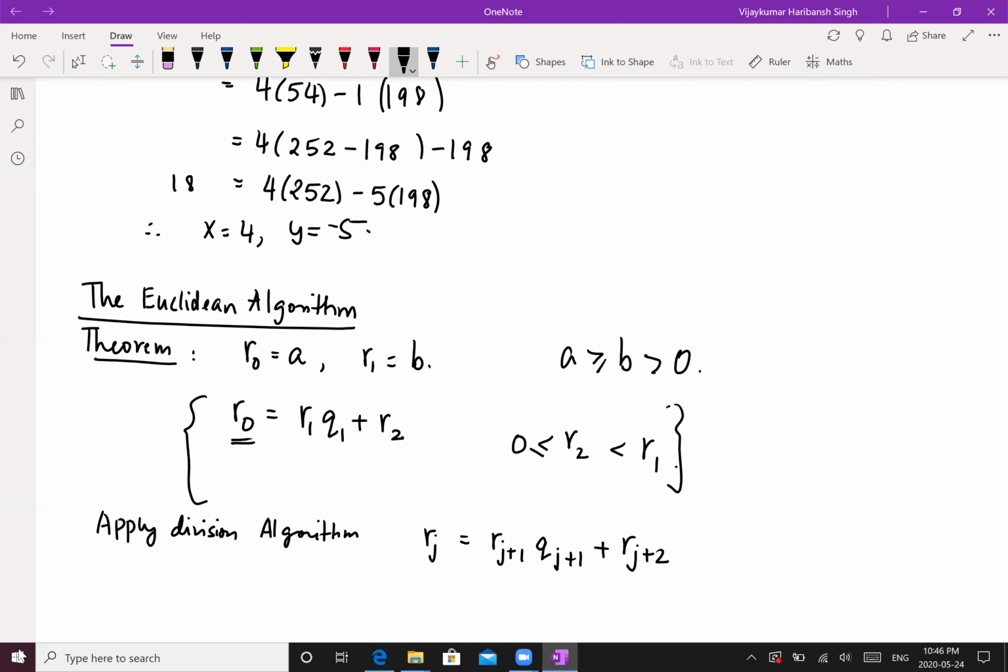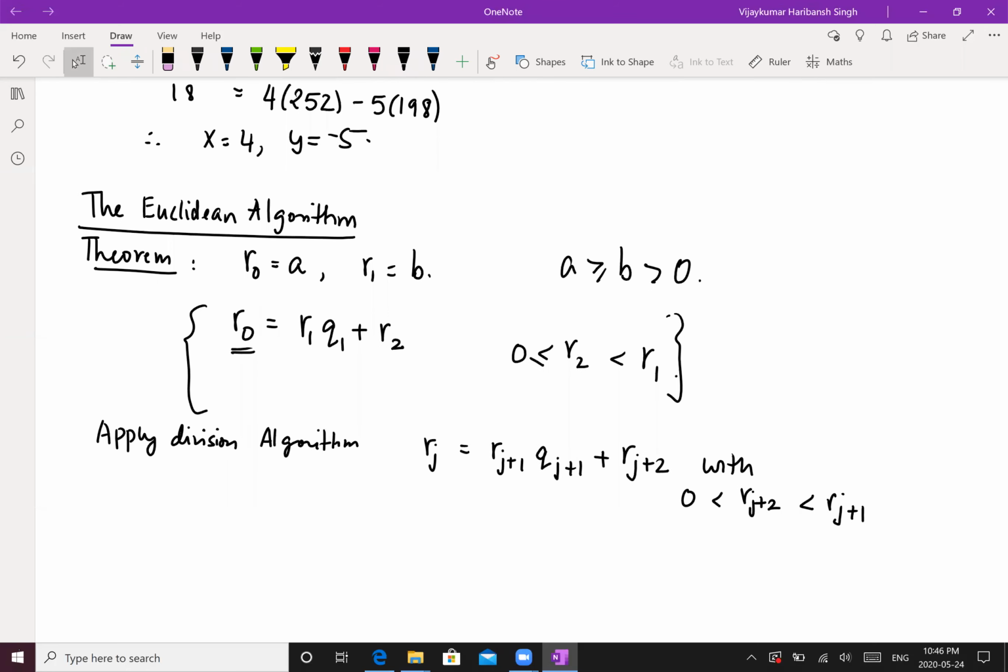And what is the condition? We have Rj plus 2 less than Rj plus 1, and suppose this is greater than 0. So suppose it's an n-step process for j equals 0, 1, all the way until n minus 1.